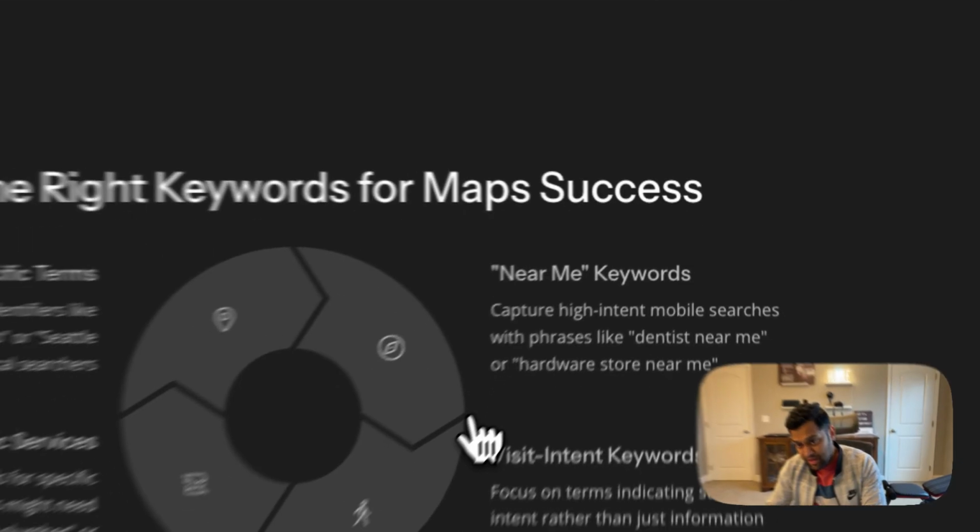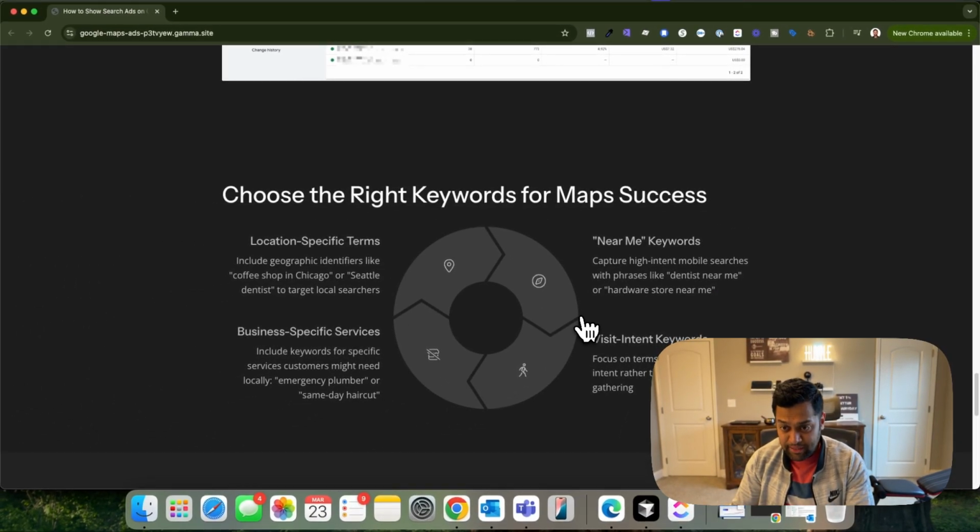After that, it's more about your campaign optimization. You can use location-specific terms in your keywords. Include a geographic identifier, like coffee shop in Chicago, or Seattle dentist, right? Include near me keywords to capture high-intent mobile searches, like dentist near me or hardware store near me.